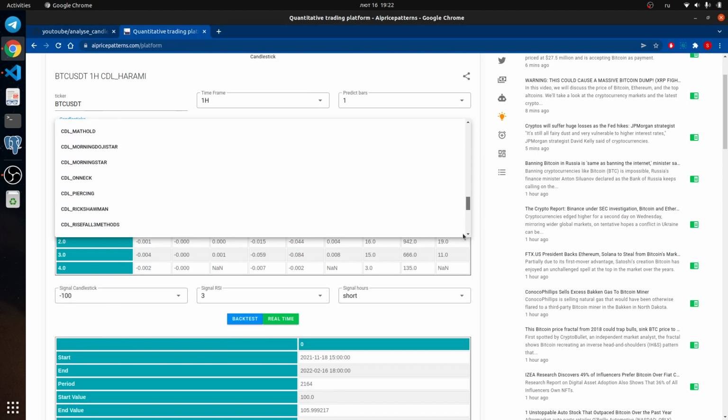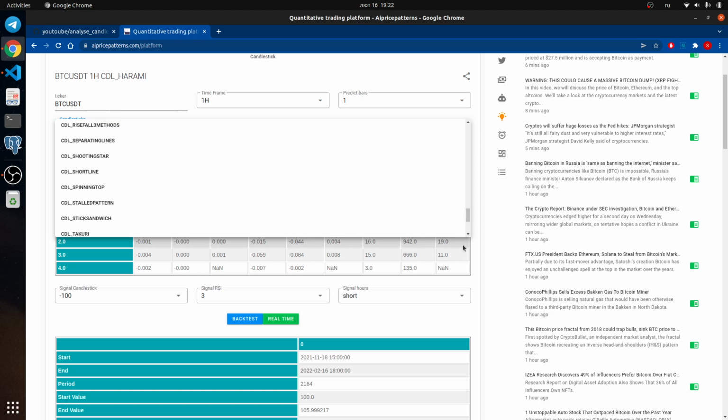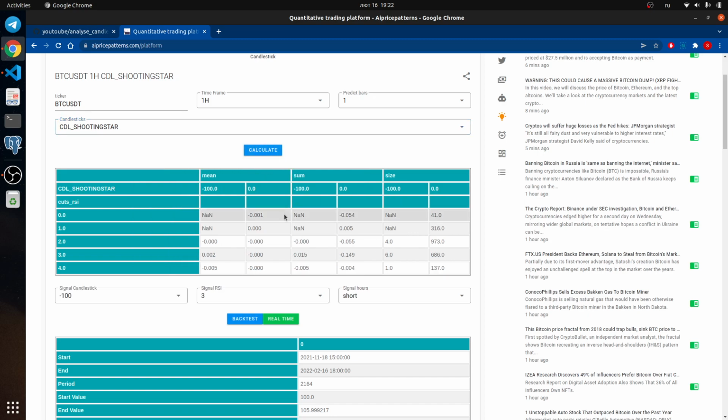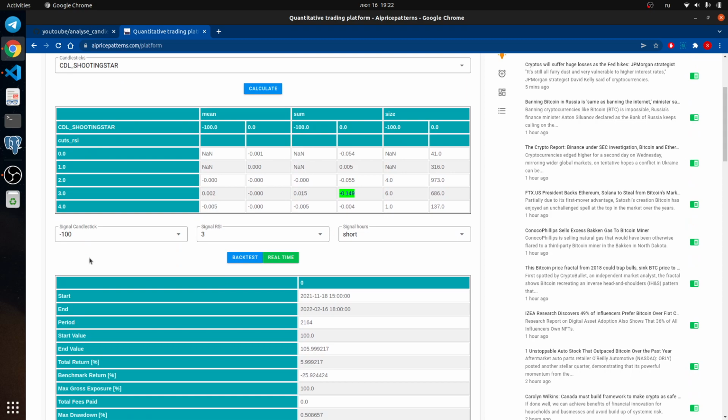Also, let's analyze another candlestick that is popular, for example, shooting star. Let's analyze. Okay, for example, this value is interesting for me when we have a signal and RCI is 2, and we should short.